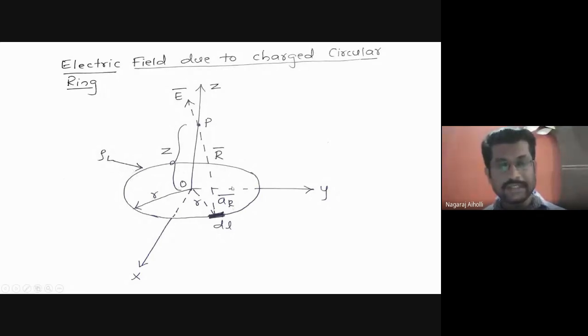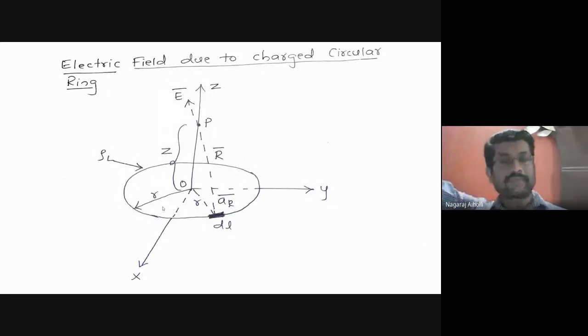This ring is lying parallel to the XY plane. If you just look at the corner of your room where you're sitting, the bottom surface, that is the floor of your room, that is your XY plane. Parallel to that plane, with the origin exactly in the middle, is how it is placed.